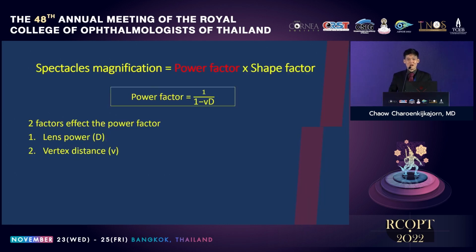We're going to talk about power factor first. And don't be afraid of the mathematical equation. I just want you to see the correlation of the factors. There's no calculation or anything like that. I just want you to see that there are only two factors that affect the power factor, and they are lens power and vertex distance.